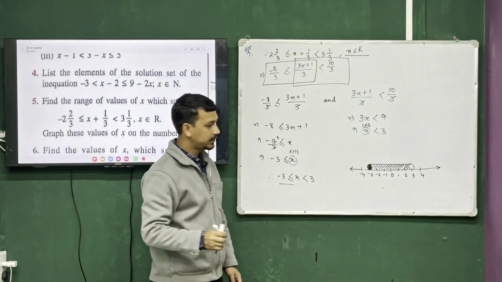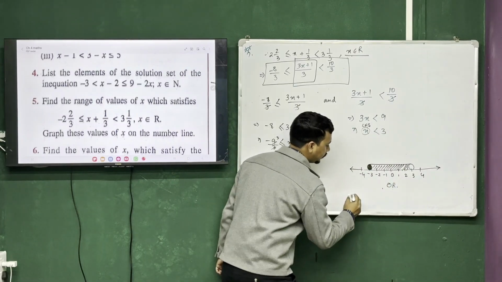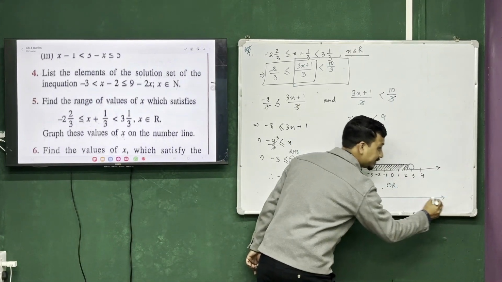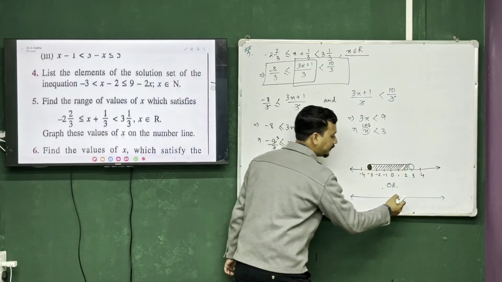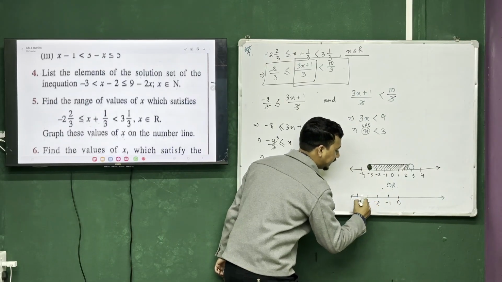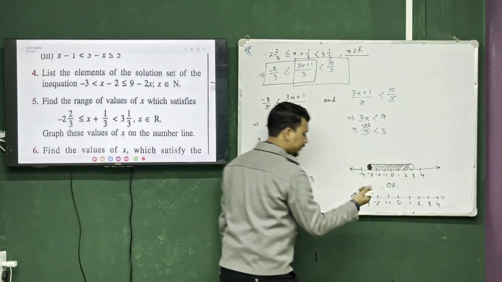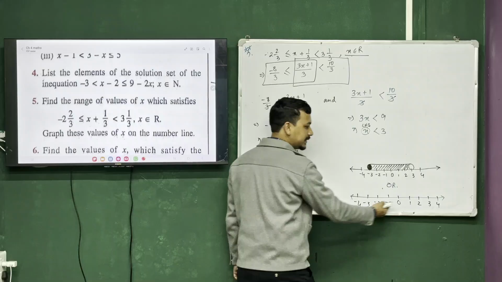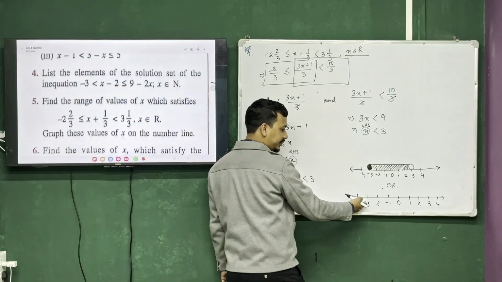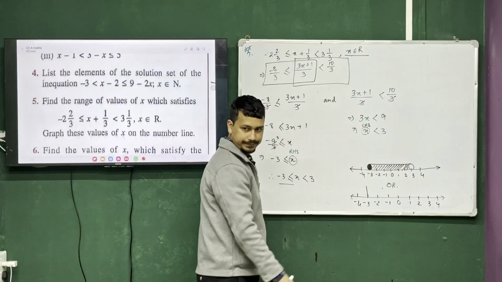You got this? Or if you want, you can also do it this way, but sometimes in the book they ask in this way. So you have to know both. So 0, minus 1, minus 2, minus 3, minus 4, 1, 2, 3, 4. So again, the possible values will be from minus 3 to 3. Is minus 3 included? Yes. So I'll draw a straight line.